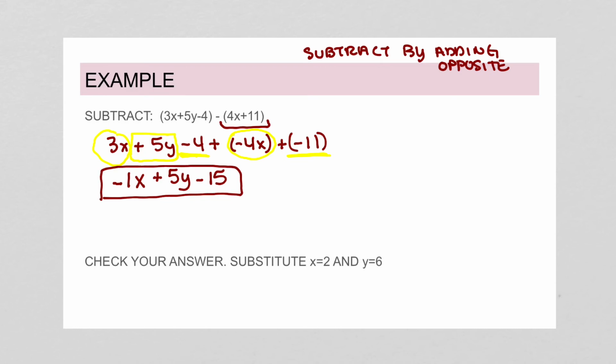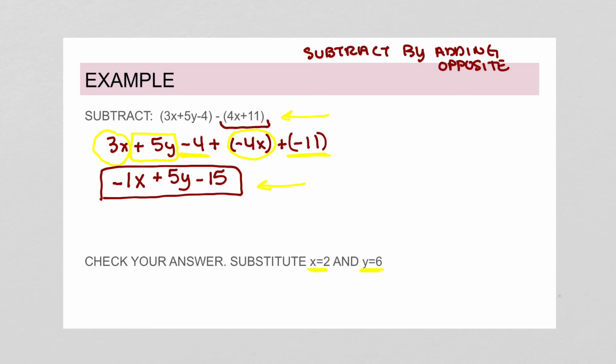And how do I know if that is accurate? Well, I can check my answer by substituting in. Let's substitute in, I'm just going to pick these arbitrary numbers, that x equals 2 and y equals 6. So I want to plug that into this one, and I want to plug that into this one to see if they give me the same thing.